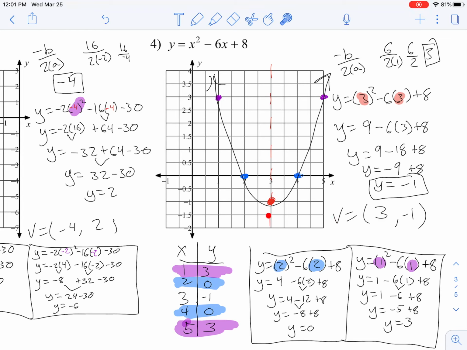Our vertex is the switch point in our graph, and the first part of our vertex, the x value of our vertex, is our axis of symmetry. So it cuts through 3. Then we use that to create a table. 2 numbers smaller, 2 numbers bigger, and then we plug in just one of those sets, solve, and then it reflects.